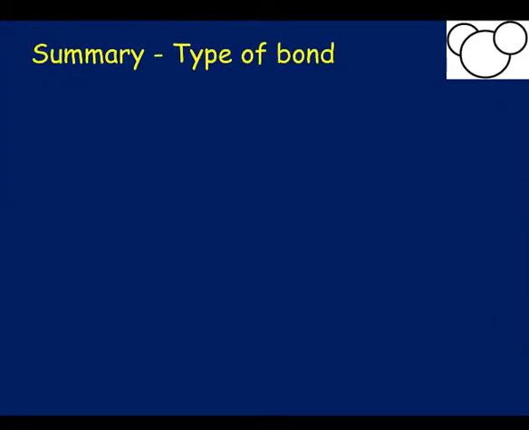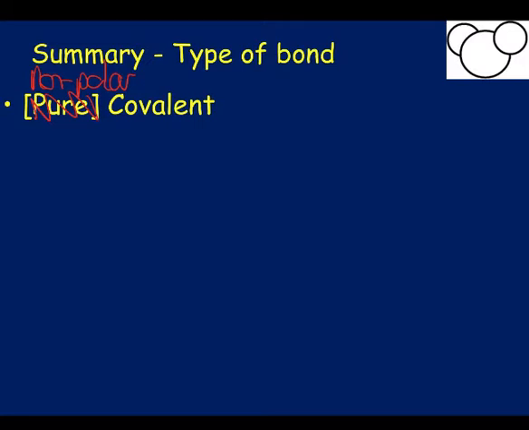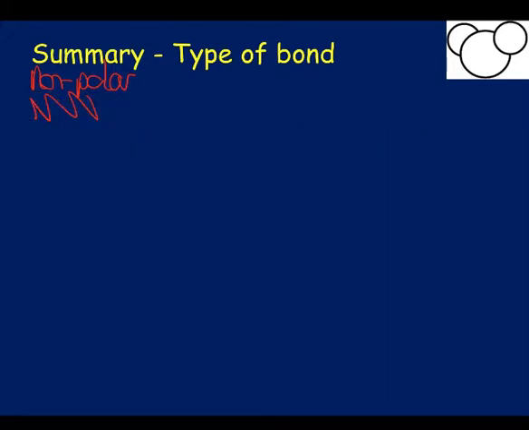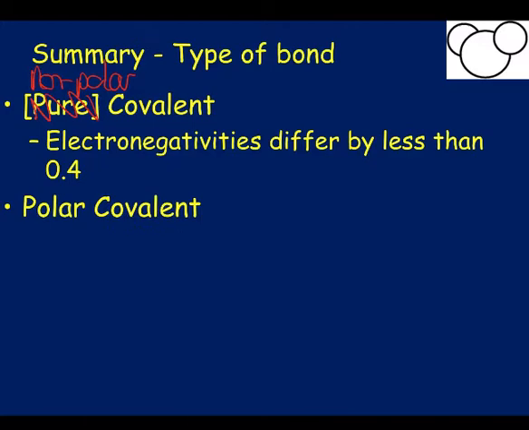Now, I'm just going to summarize the rules and the types of bonds for you here. I'm going to get rid of pure, and we're going to call it nonpolar. For a nonpolar covalent bond, your electronegativity difference will be 0.4 or less.